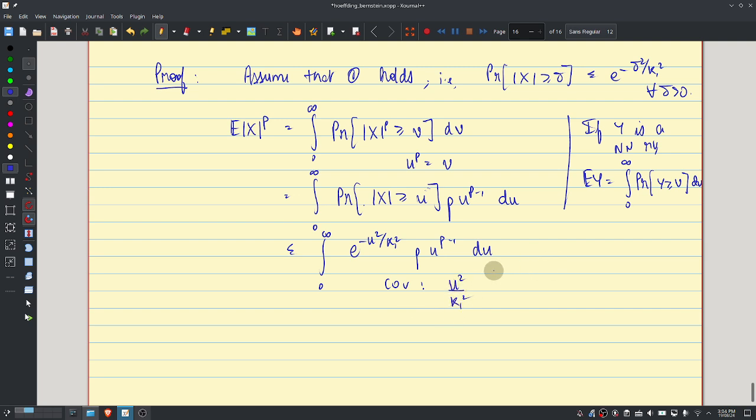Let's set u square by k1 square to be equal to w.